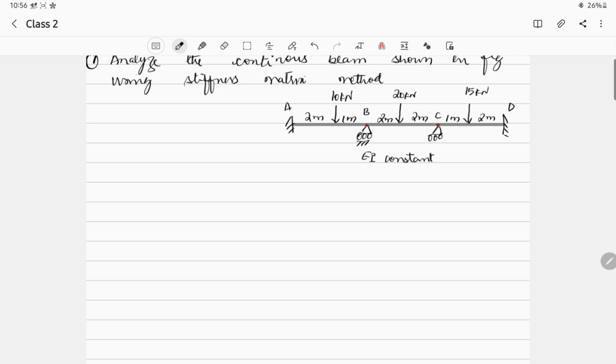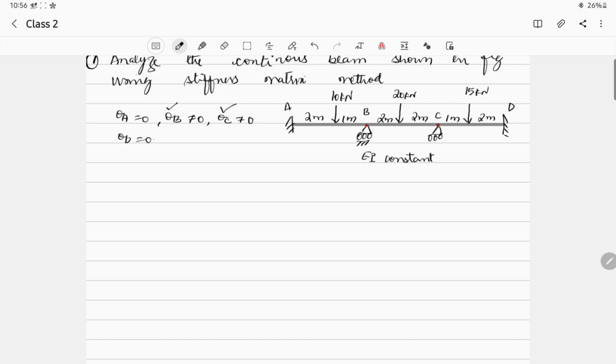Okay, so totally, at all the points, theta A will be equal to 0, theta B will not be equal to 0. Similarly, theta C will also not be equal to 0. Then theta D is equal to 0. We all know this, right? So how many thetas will exist? Theta B and theta C will exist.